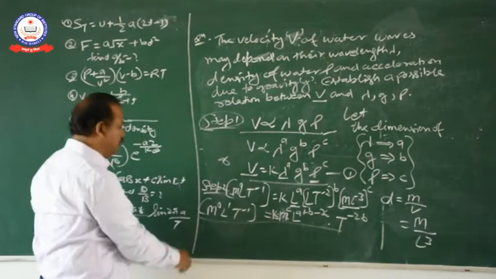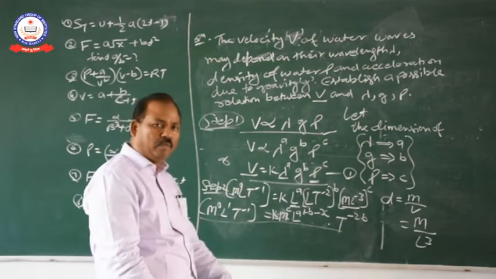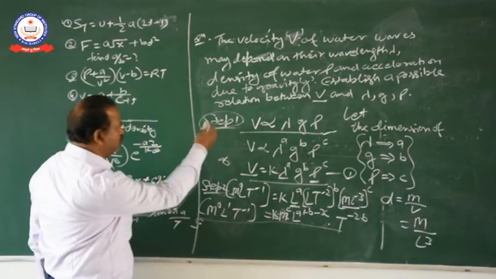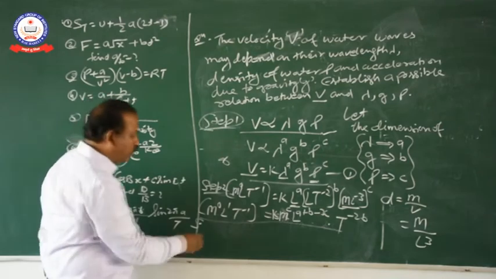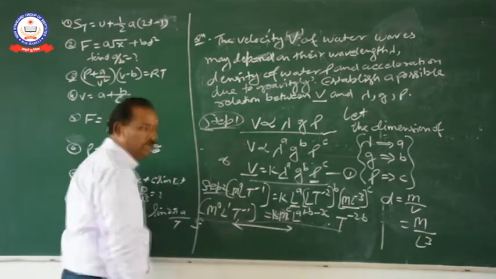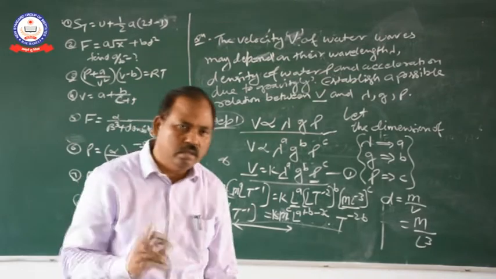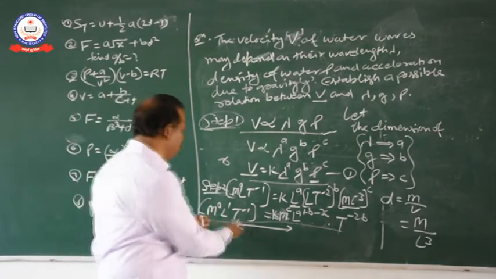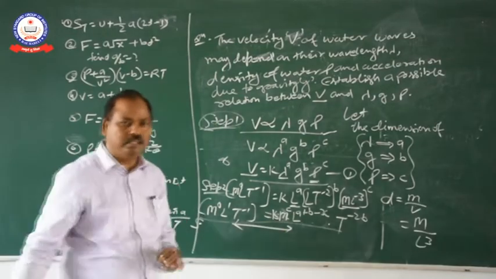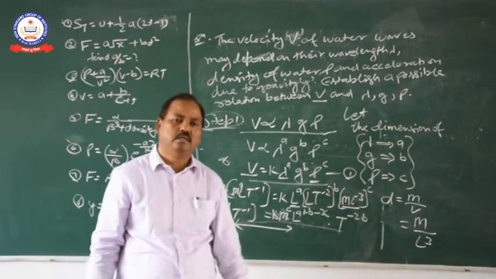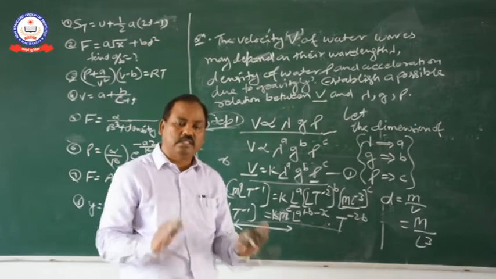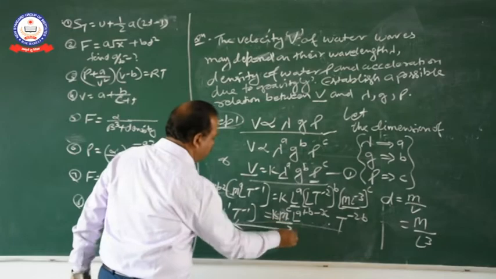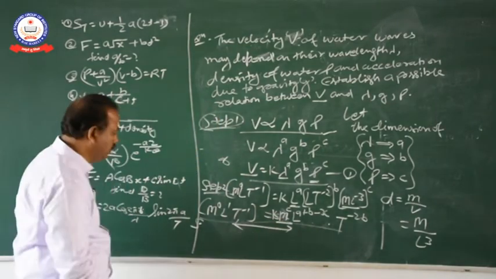After writing the dimensional formula, in step third, according to the law of homogeneity, on both the sides, on LHS and RHS, dimensions must be equal.